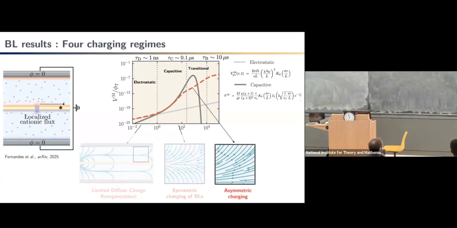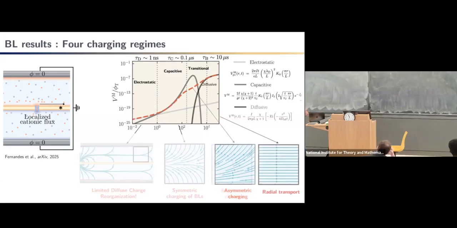But what happens then is that these 2 capacitors don't have the same capacitance. The membrane has a much, much lower capacitance because of its low dielectric permittivity. So here, the membrane capacitor is charged, but the electrode capacitor is still charging. And finally, when both capacitors have charged, the charge has no option but to move along and charge other parts of this. This is what we call radial transport.